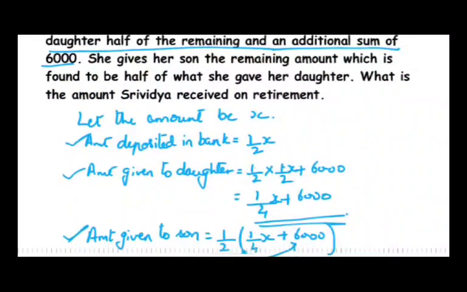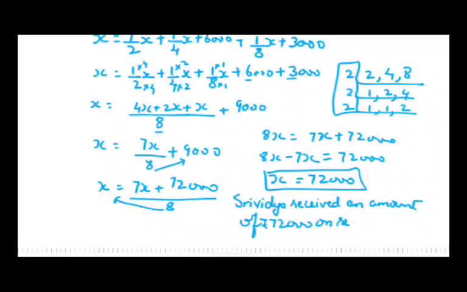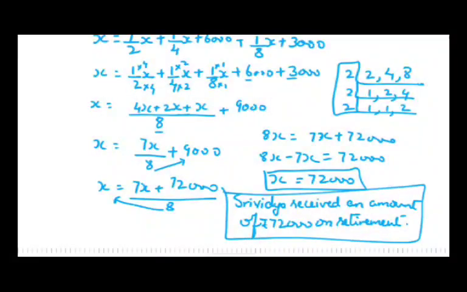What is the amount Shri Vidya received on retirement? Shri Vidya received an amount of 72,000 on retirement. All right.